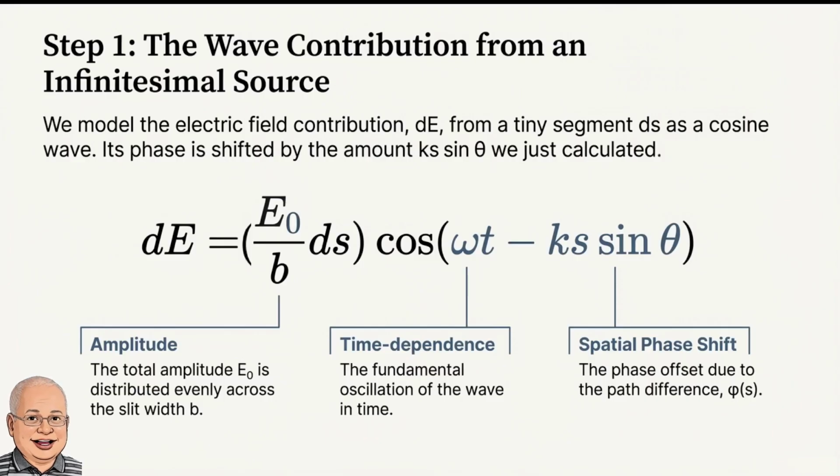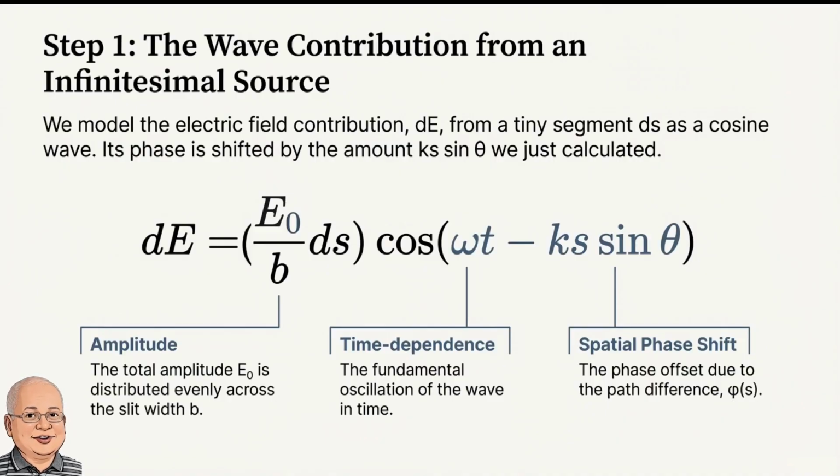Now, this wave is contributing to form an infinitesimal source. We model the electric field contribution dE. dE is the infinitesimal electric field from a tiny segment ds as a cosine wave. Its phase is shifted by an amount k s sin theta that we have just calculated.